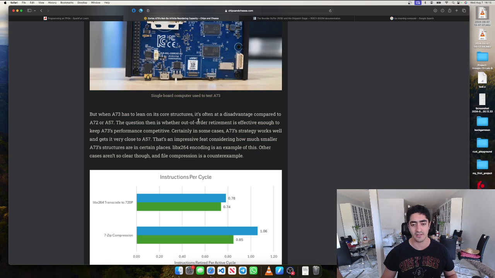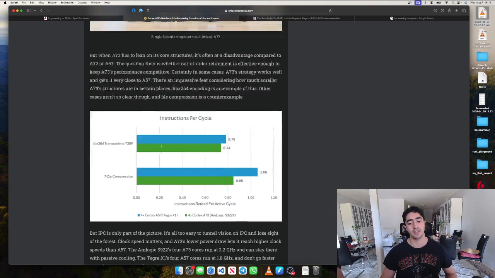Certainly, in some cases, A73's strategy works well and gets it very close to A57. That's impressive considering how much smaller A73's structures are in certain places. Libx264 encoding is an example of this. Other cases aren't so clear though, and file compression is a counterexample.